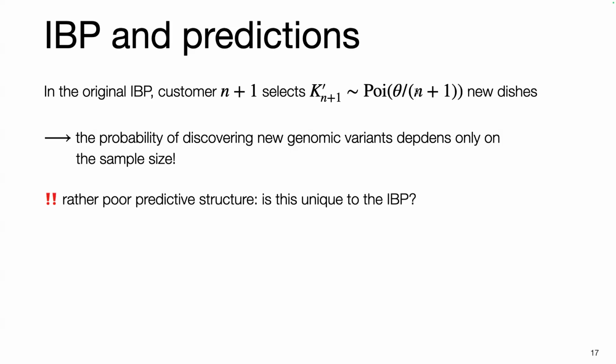And this is a rather poor predictive structure and constitutes a serious limitation of the Indian buffet process in such prediction tasks. Of course, we can ask ourselves if this is inherent to the Indian buffet process or pertains also to other models.